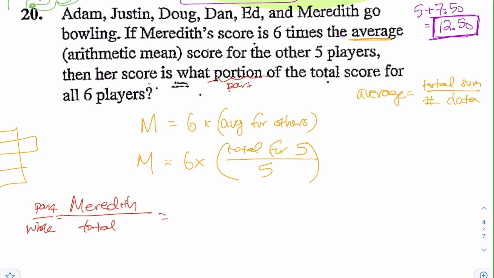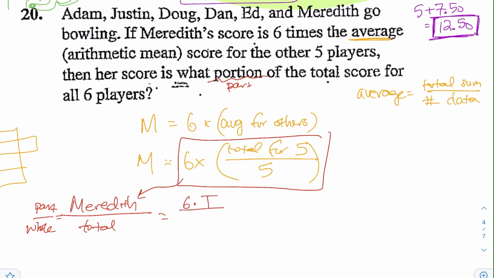So then we can replace everything. Again, Meredith's score in terms of the total is this. So this will be the numerator. It will be 6 times the total divided by 5.